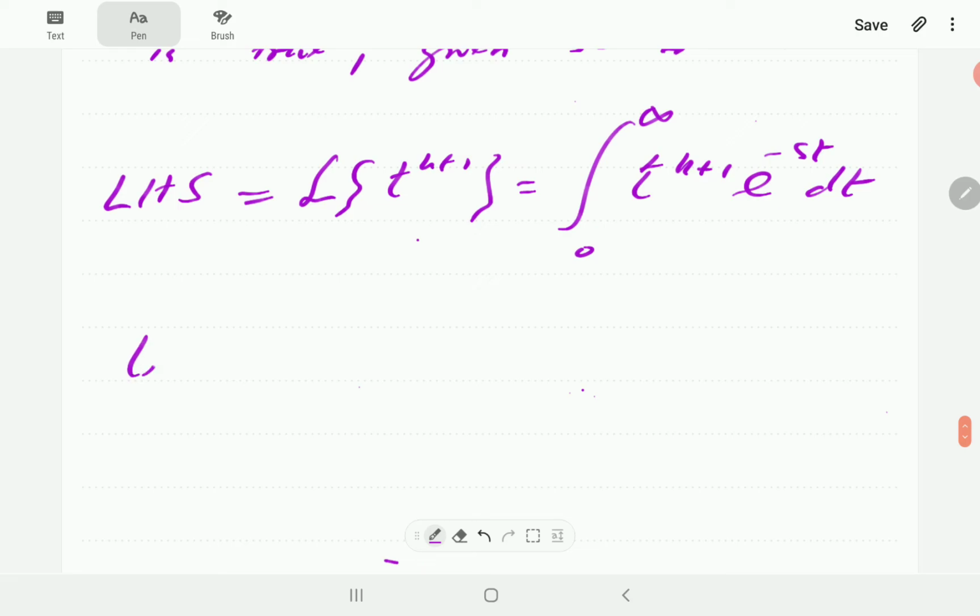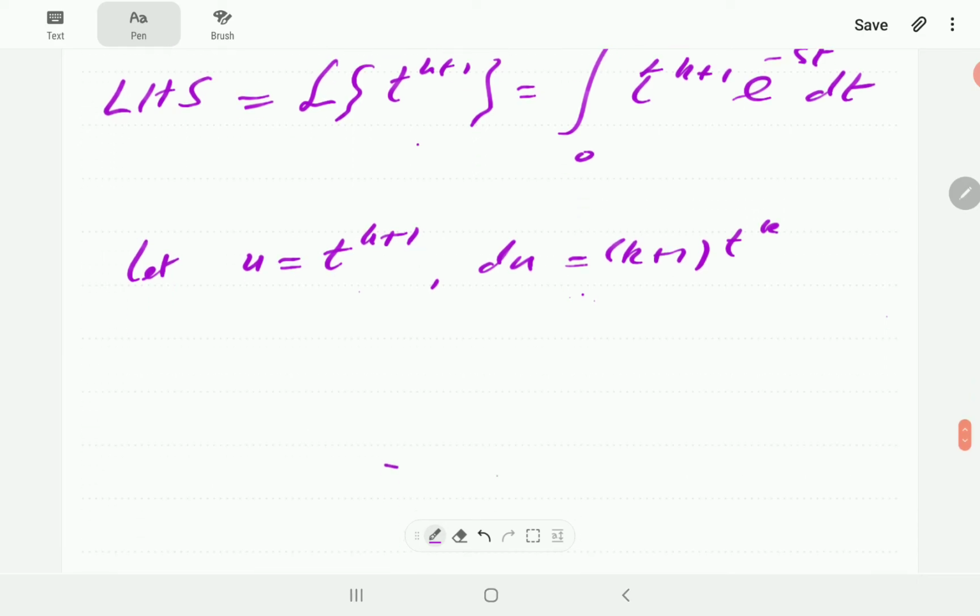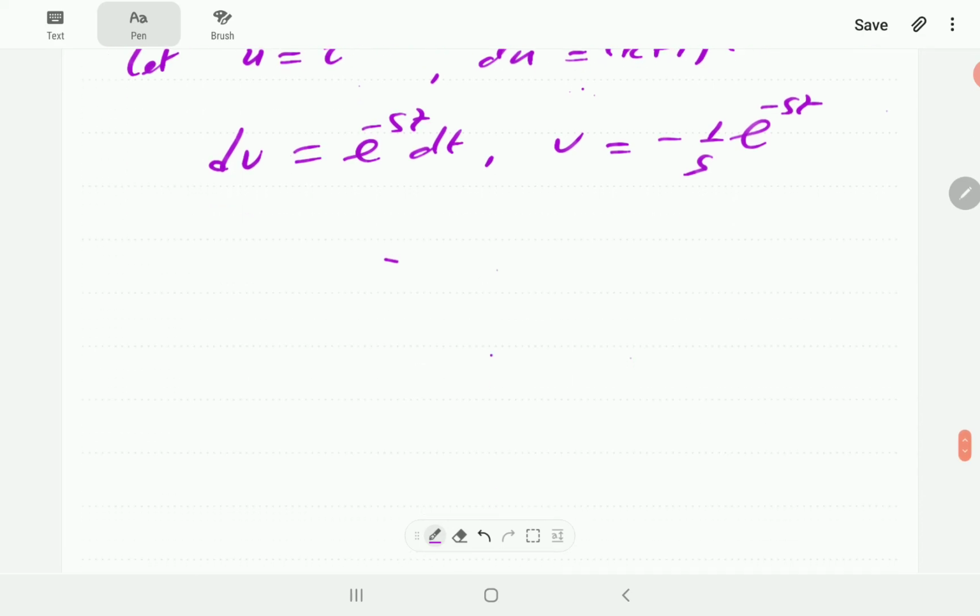If we integrate this by parts once, let u be t to the power k plus 1, then du is going to be k plus 1, t to the power k, let dv be e to the minus st dt. V is then going to be negative 1 over s e to the minus st.